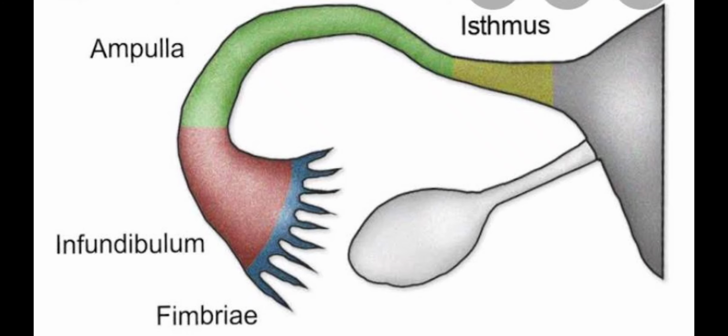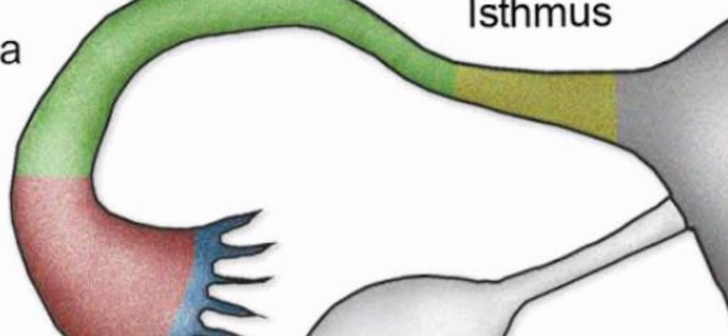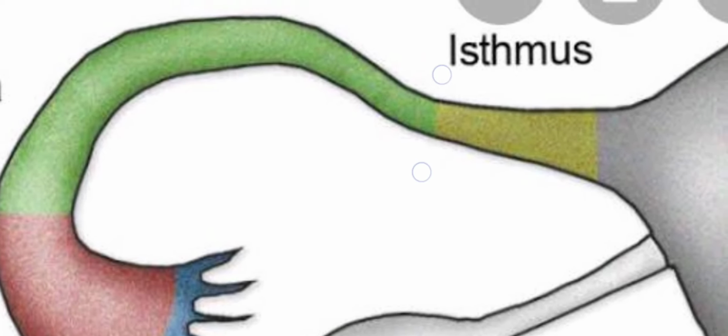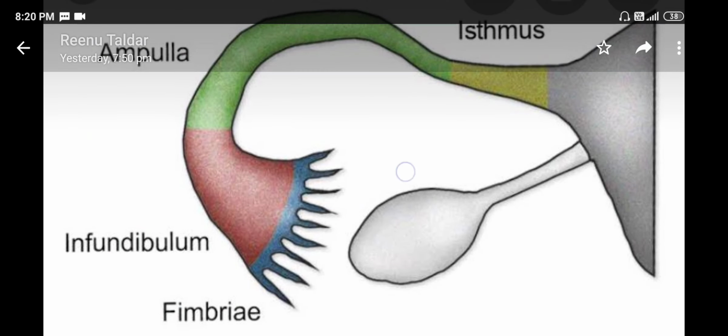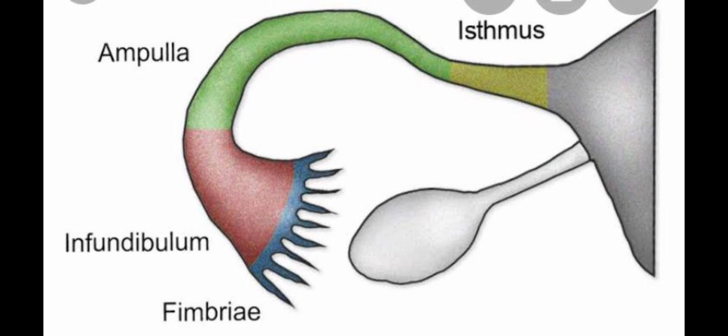Fertilization occurs at the ampullary-isthmic junction, that is the point where the ampulla and isthmus join together.